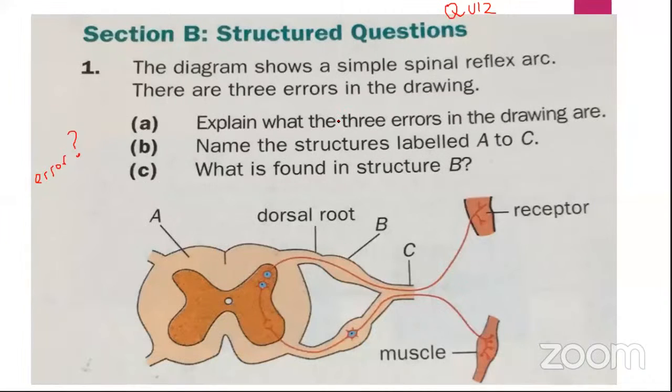Who has seen the error? Okay. Benjamin says, no, sir. Benjamin has not yet seen any error. Benjamin thinks it is okay. Yes, Alvin.